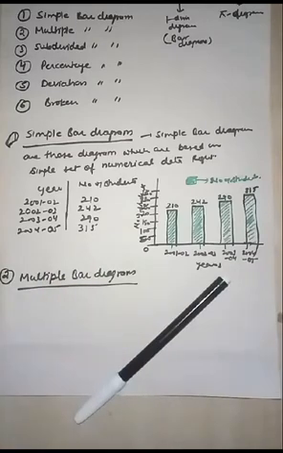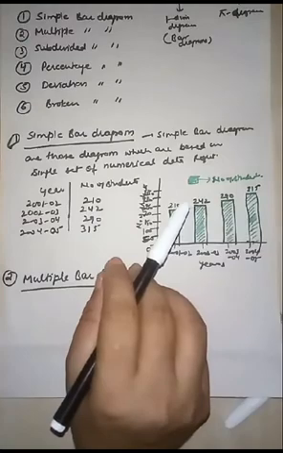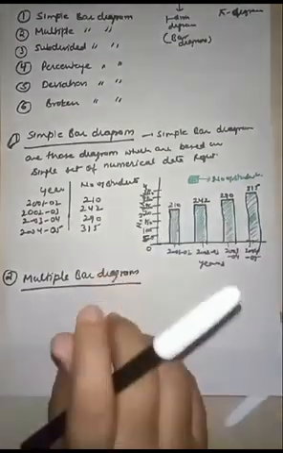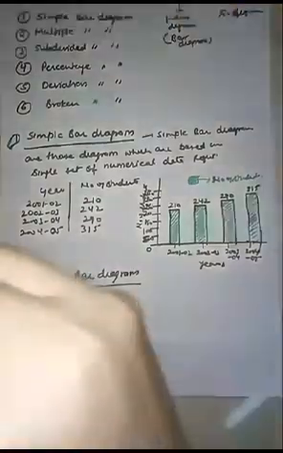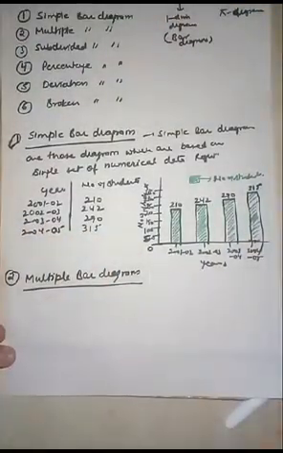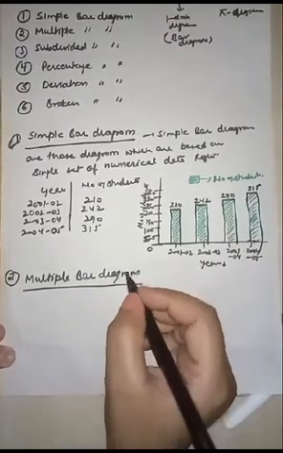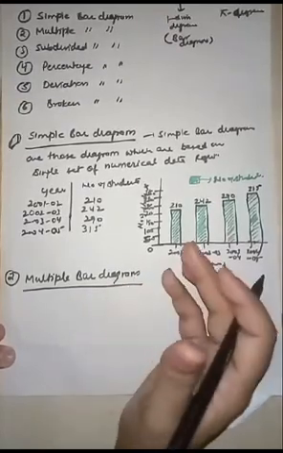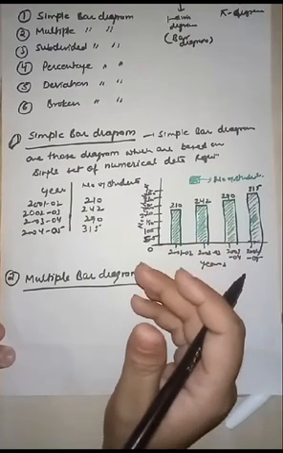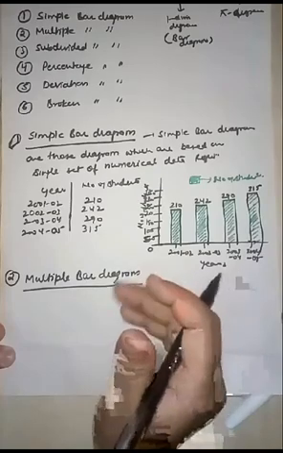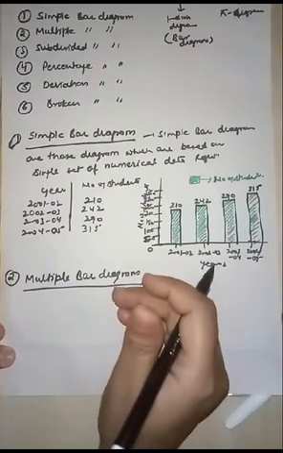So what is a multiple bar diagram? The multiple bar diagram shows two or more sets of data simultaneously, and it is mostly used for comparison between sets of series.